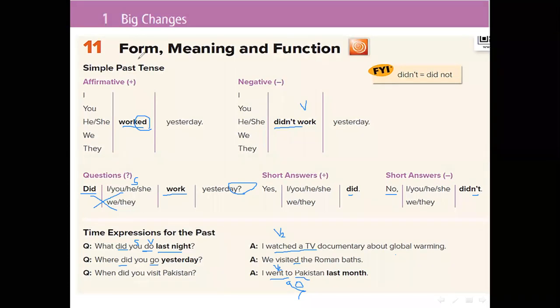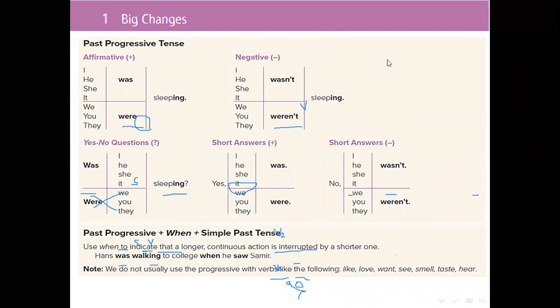Now we will discuss the next tense for the day, which is the past progressive tense. Clear first? What is the form of past progressive tense? We will use was or were plus verb plus ing.